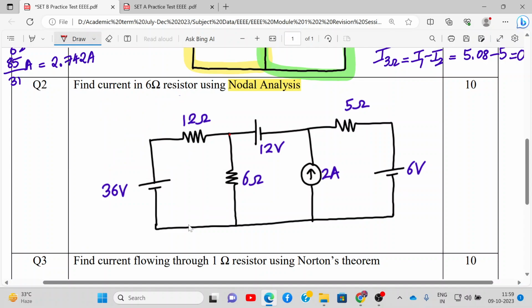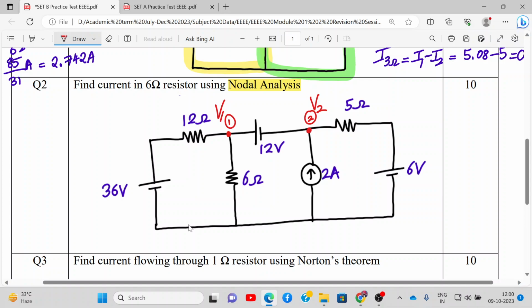This is my node number 1, let's say. This is node 1. Node 2, this is node number 2. Let me say the voltage at node 1 is V1 and the voltage at node 2 is V2. So this is V1 and this is V2.